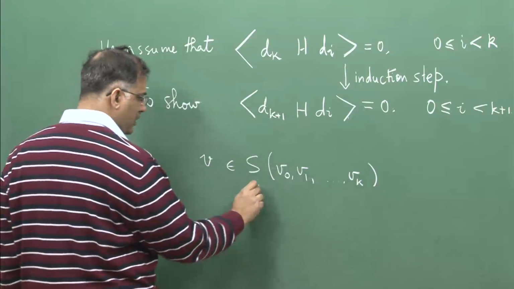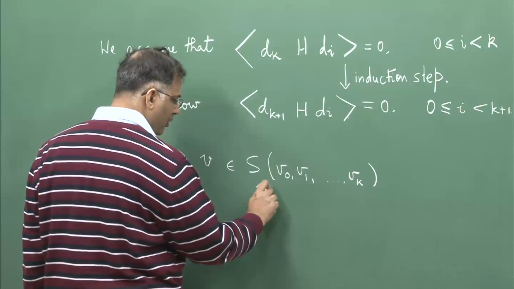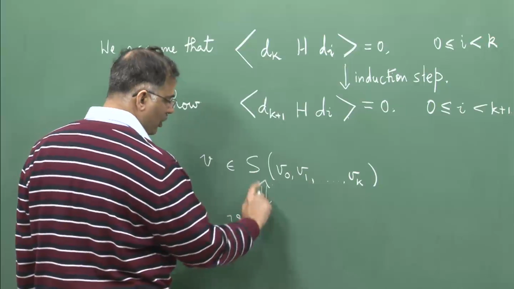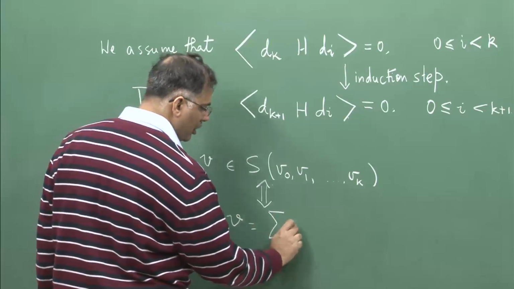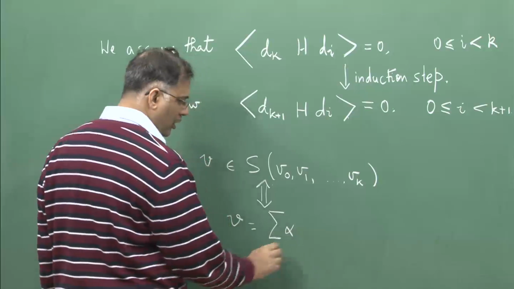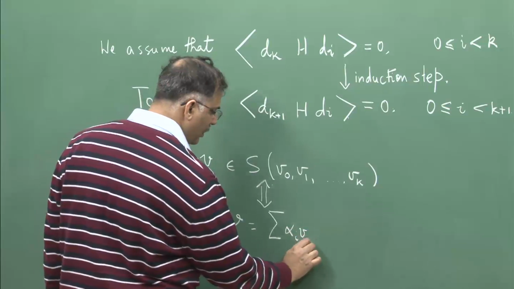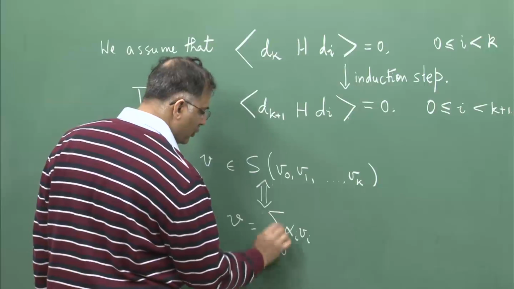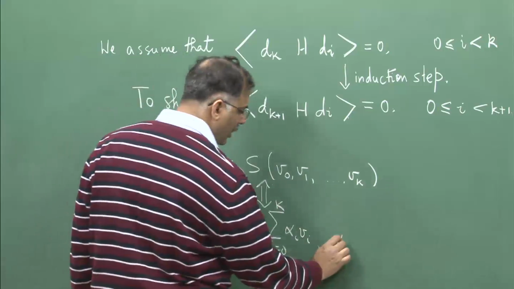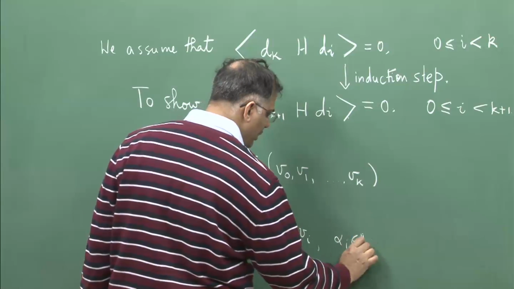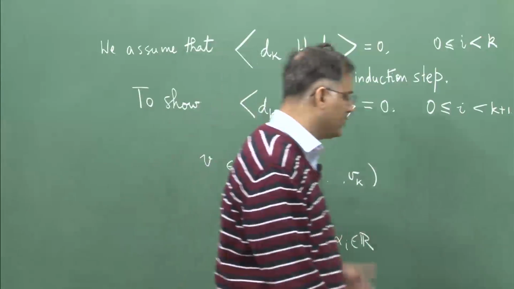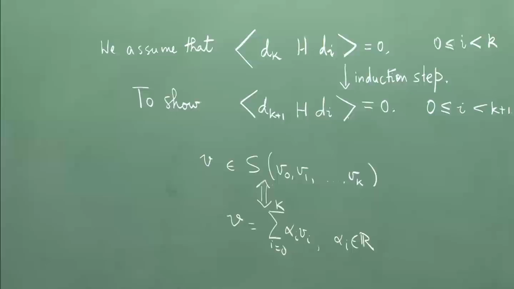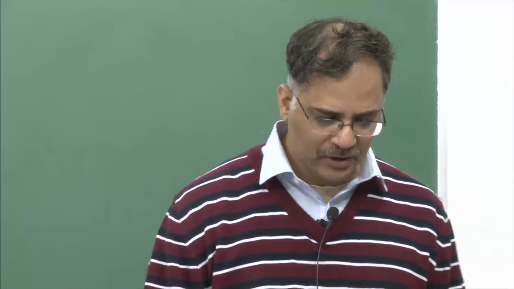So, v is in it if and only if, this is the symbol for both ways, v can be written as the summation of alpha i v i, i equal to 0 to k, where alpha i is in R. That is, any element in this space can be written as a linear combination of the elements v0, v1, ..., vk. So, that is the meaning of linear span.